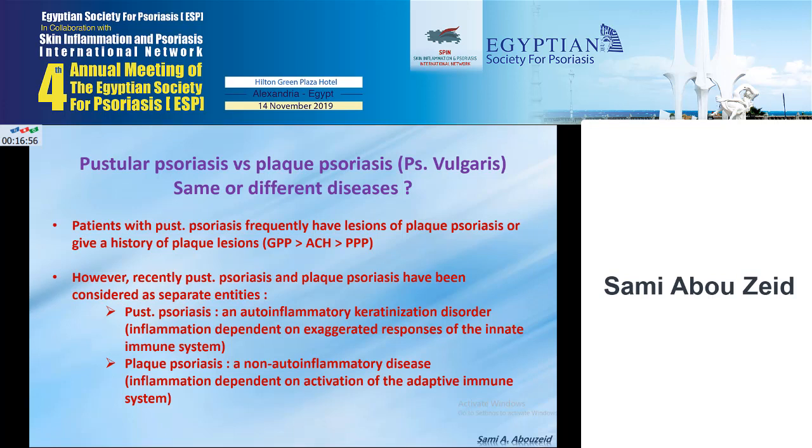Pustular psoriasis is regarded as an autoinflammatory keratinization disorder. That's to say, inflammation is dependent on exaggerated response of the innate immune system, while plaque psoriasis is a non-autoinflammatory disease where inflammation is dependent on activation of the adaptive immune system.